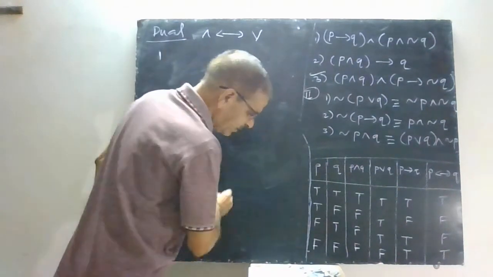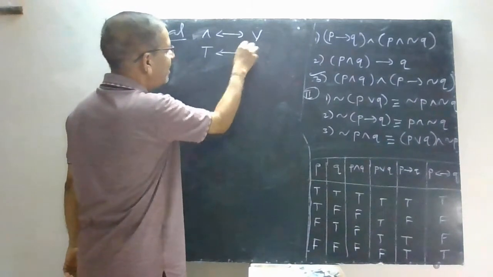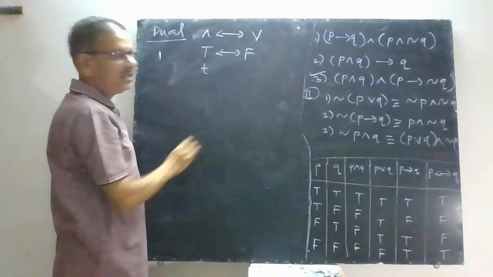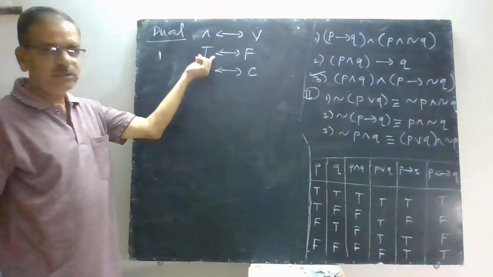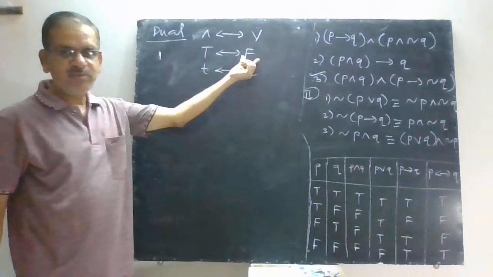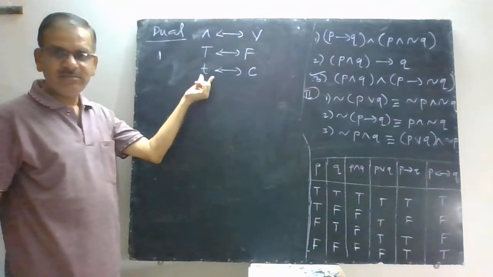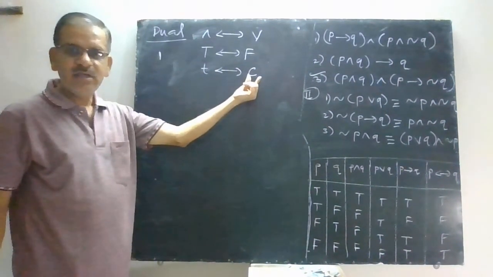Similarly, when you have T, replace it by F, and when it is F, replace it by T, and when it is small t, replace it by small c. Here T means true, F means false, and small t means tautology, and small c means contradiction.